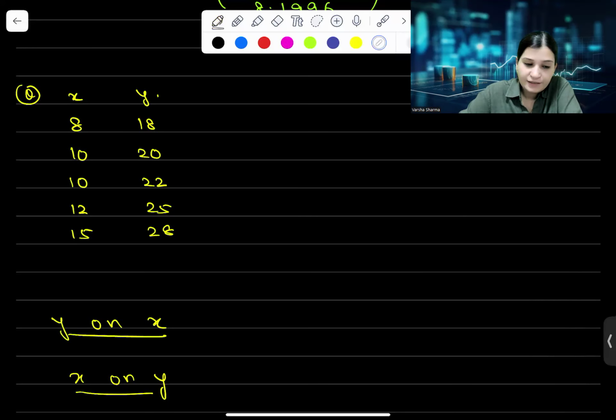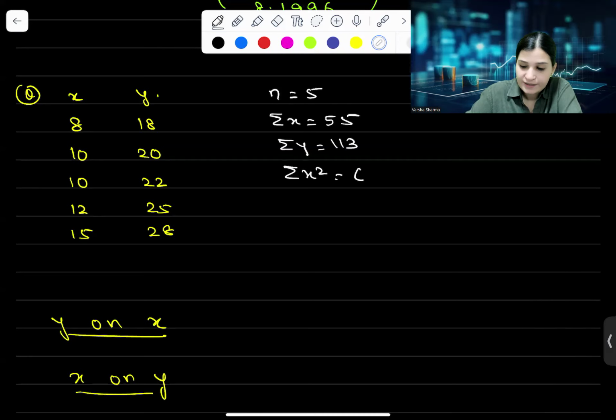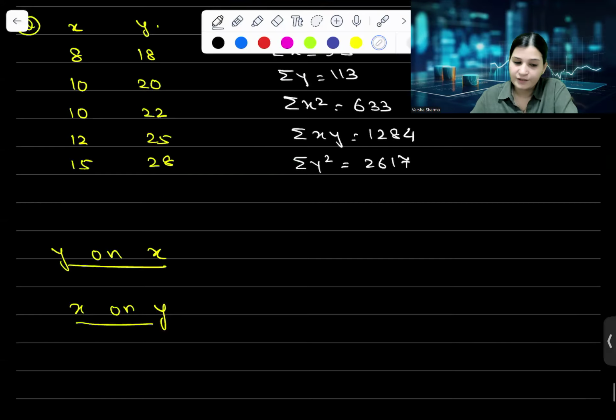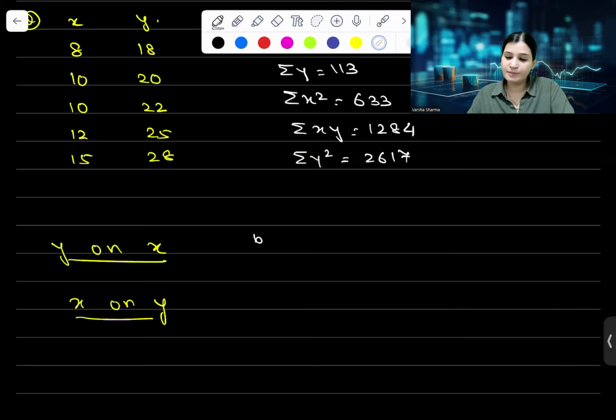What is the value of n? Number of observations are 5. Summation x should be 55. Summation y should be 113. Summation x square 633. Summation xy 1284. What is summation y square? 2617. Okay. The first is byx.